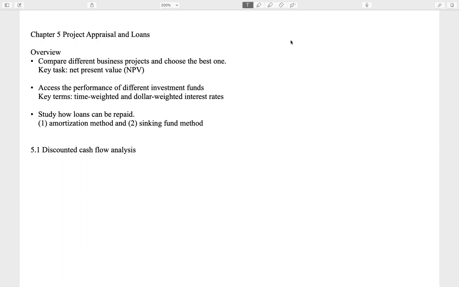From chapter 1 to chapter 4, we pretty much laid down the foundation. In principle, we spent a lot of time studying interest rates, various ways of expressing interest rates, and discount rates, which are closely related.